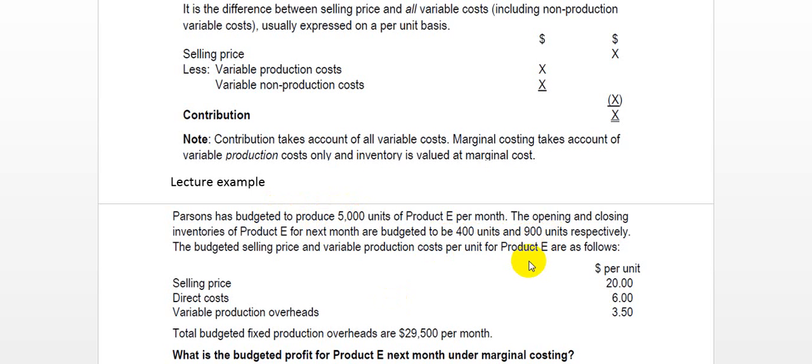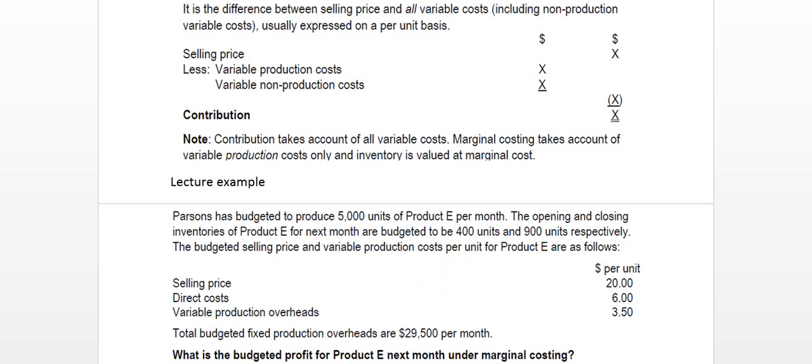So to compute the cost of sales, we need opening inventory plus production minus closing inventory. So 400 plus 5,000 will give us 5,400, minus 900 will give us cost of sales of 4,500.